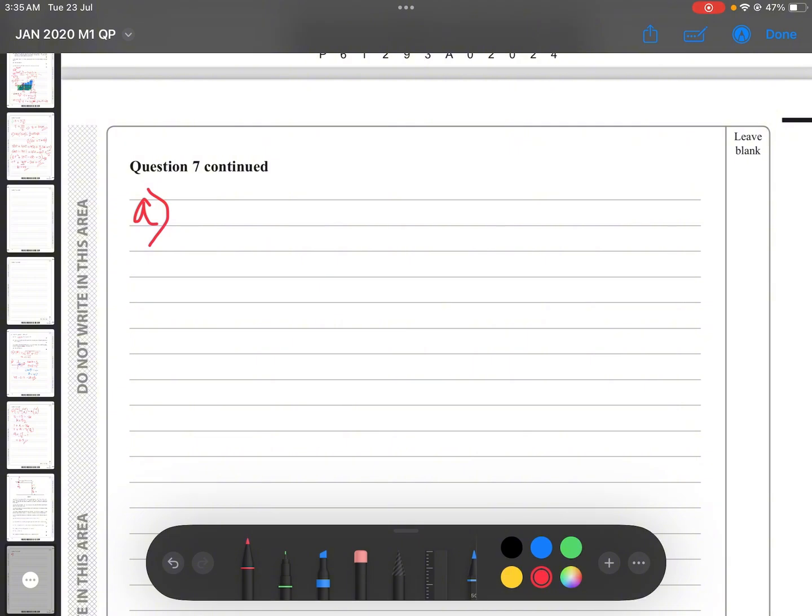The initial velocity of ball B is 0 because it was at rest in the beginning. The acceleration is what we are searching for, and the distance between the ground and the ball was 1.4, so it travels a distance of 1.4 meters, and it travels that distance within 2 seconds.